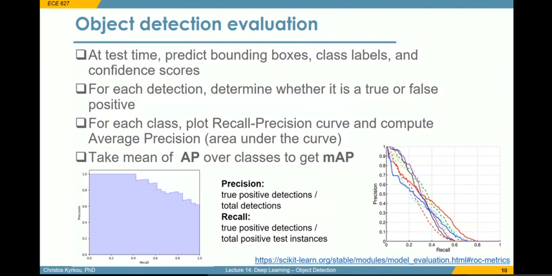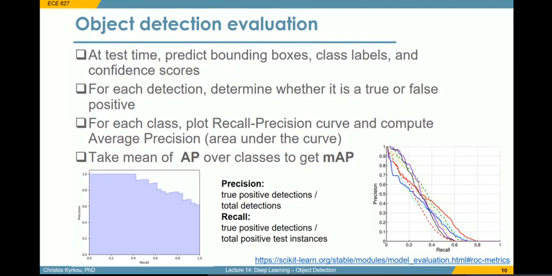each bounding box, we plot this recall precision curve for each class. So precision is the true positive detections divided by the total detections. And recall is the true positive detections divided by the total positive instances in the dataset.